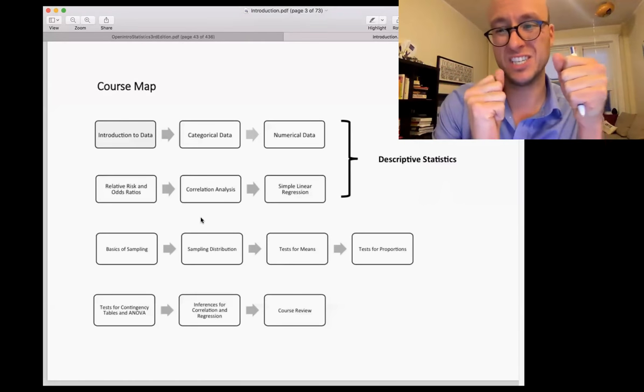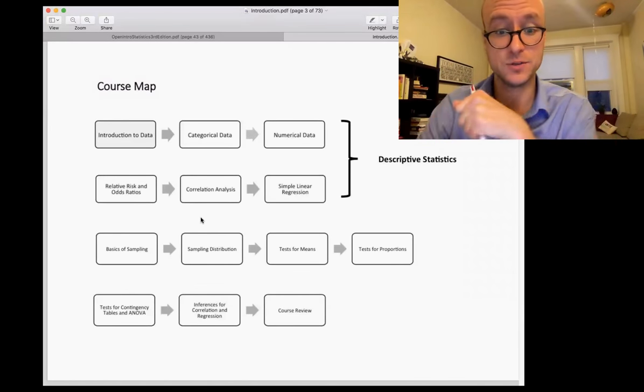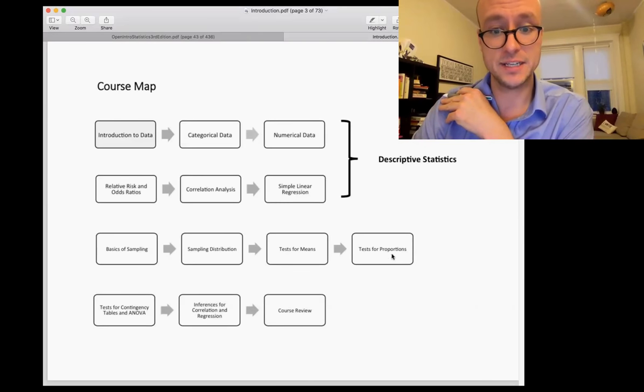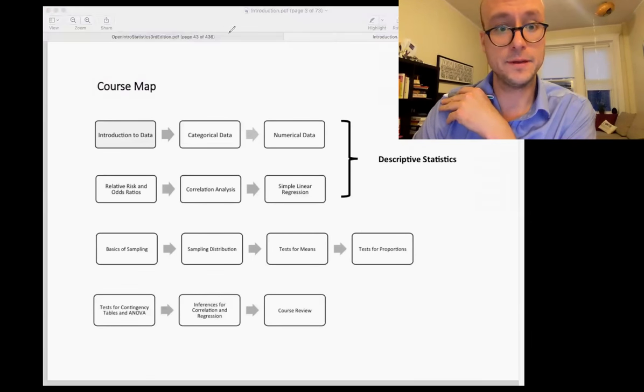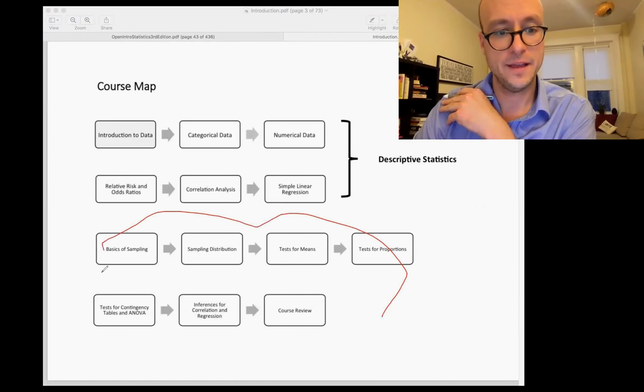So we're going from descriptive statistics to inferential statistics, and that is essentially the latter half here. If I can annotate it, this half right here is the inferential statistics.